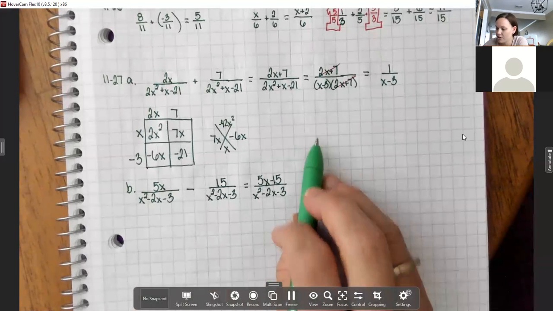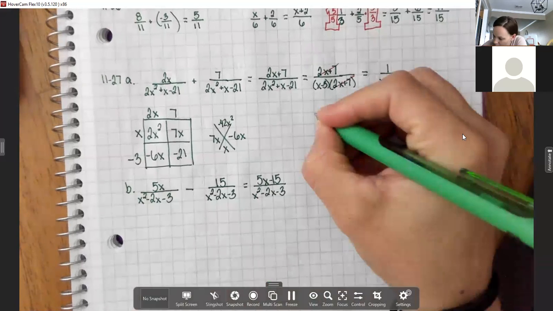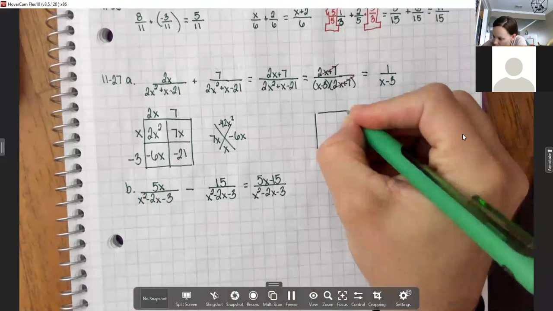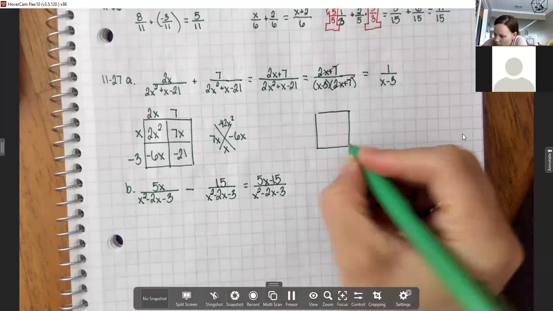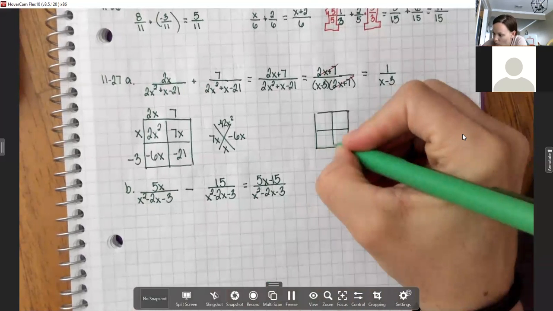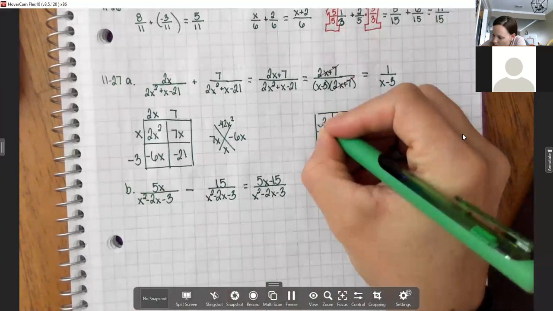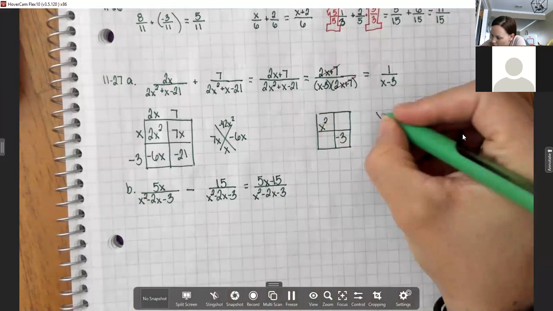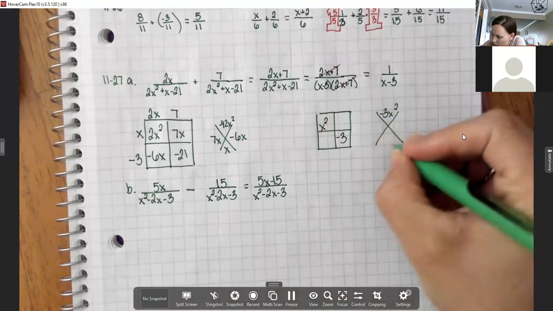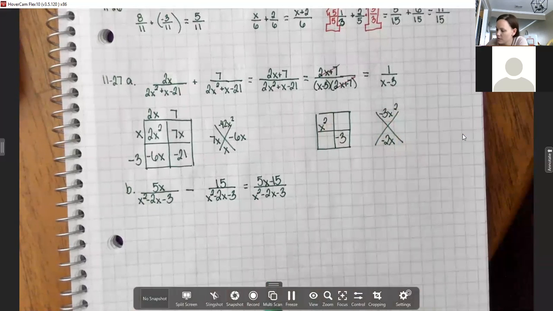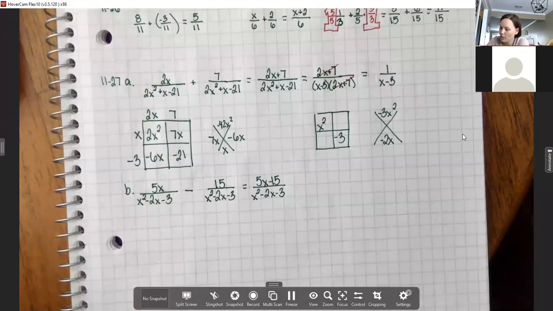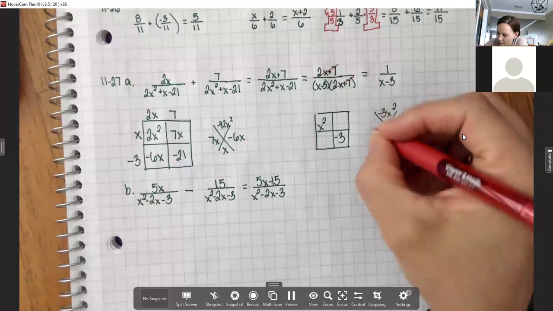Same thing, we need to factor our denominator to see if it'll simplify with anything in our numerator. I'm going to do it up here since I have a little bit more space. So you get x squared, negative 3, negative 3x squared, negative 2x, which makes the sides of my diamonds negative 3x and x.